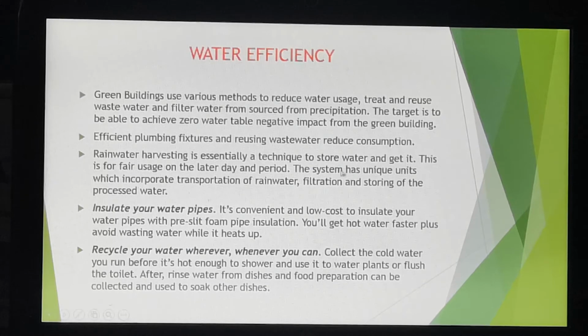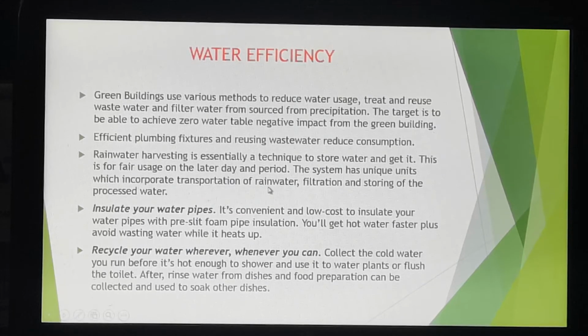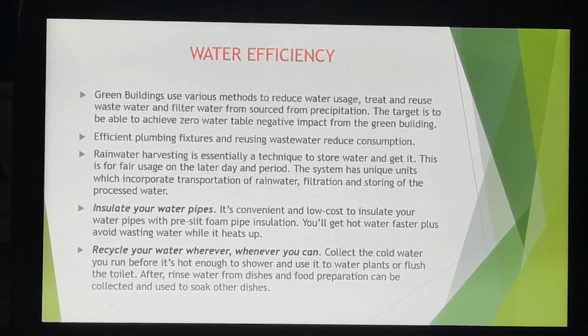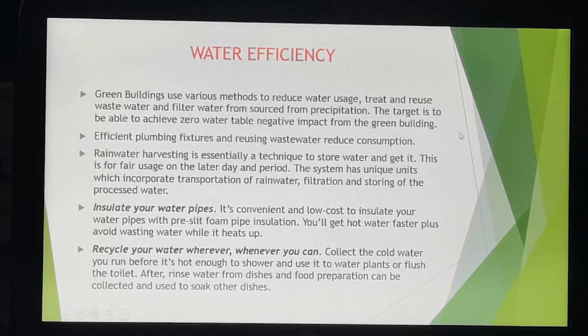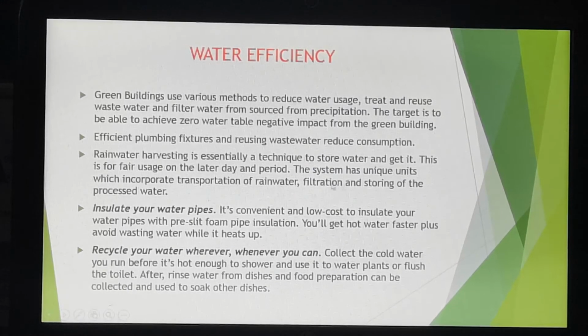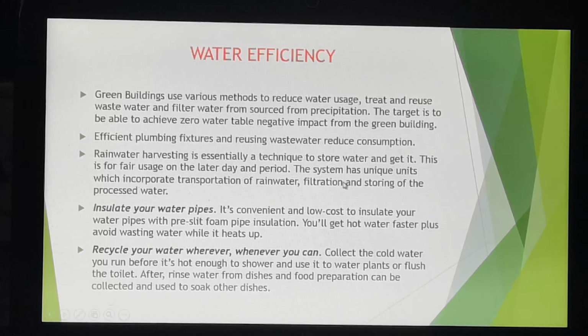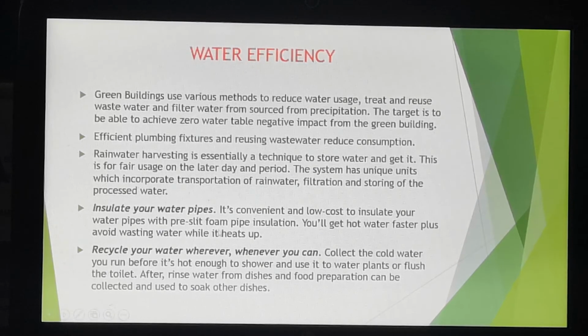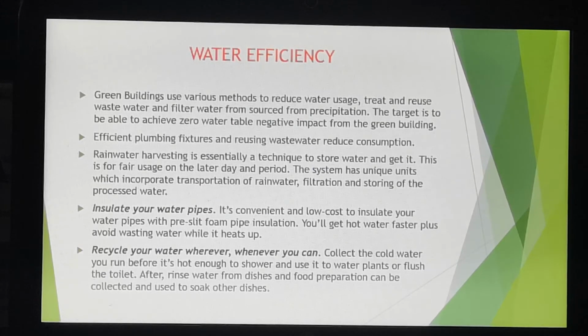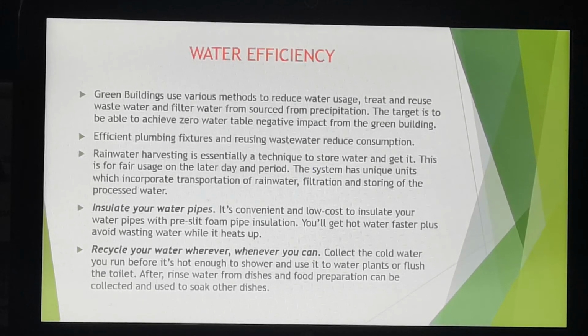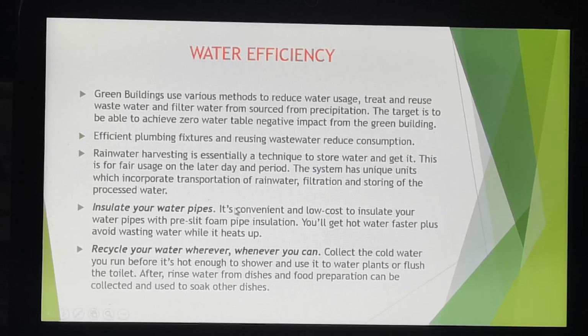But if you want to use it, you need to filter the water first and store it as process water. So the water is safe and good to use, right? So another way to increase the efficiency of the water is to insulate your water pipes.